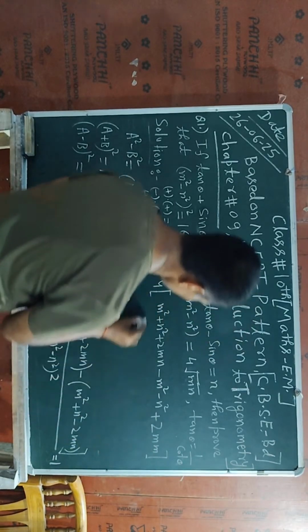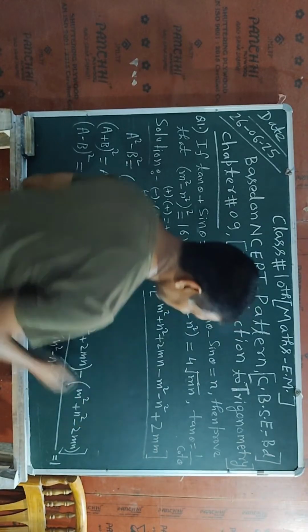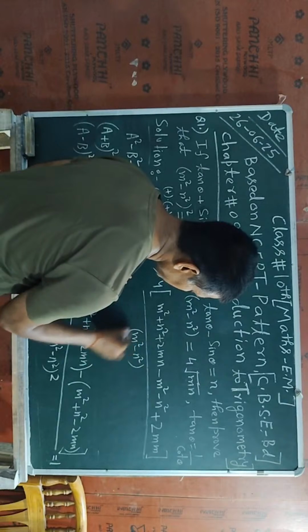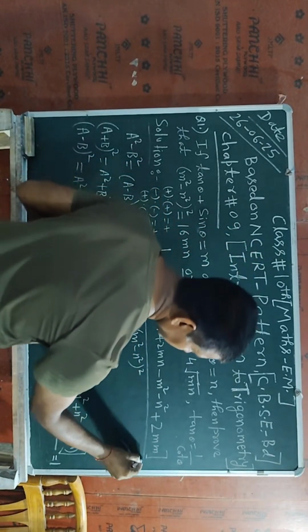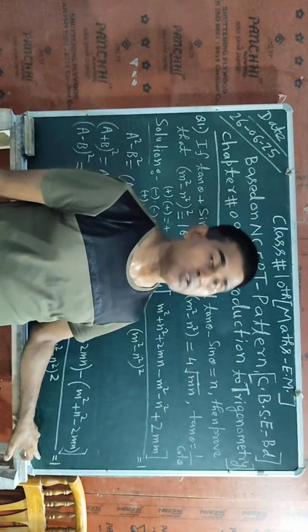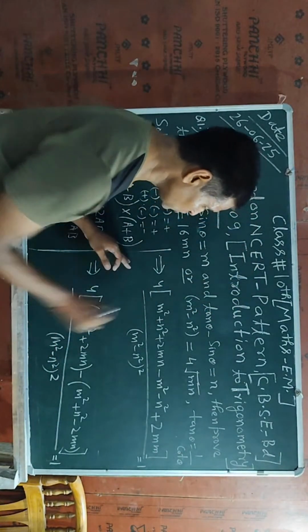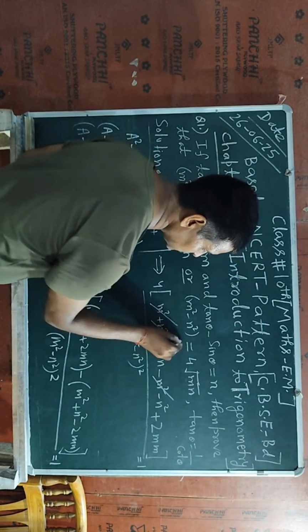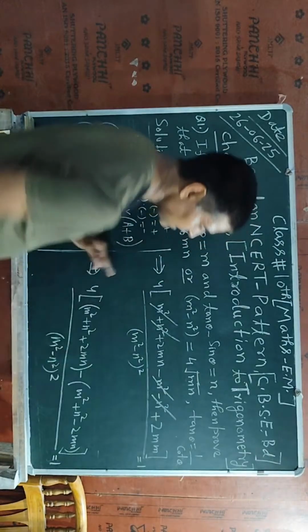And then I will put here in the denominator m square plus n square whole square. On the right hand side I will put 1 because on the right hand side 1 is coming. Okay student, so further I am looking here plus m square and minus m square is cancelled out. Here m square and here minus m square also cancelled out.